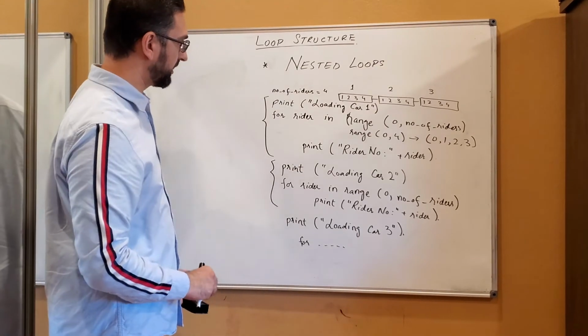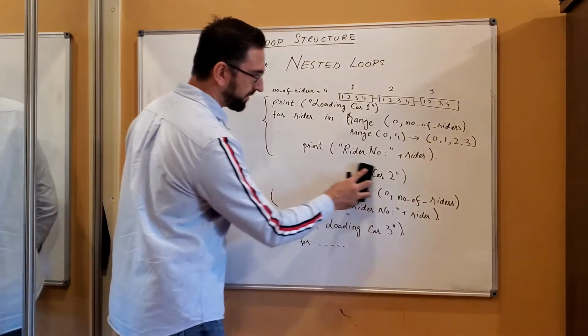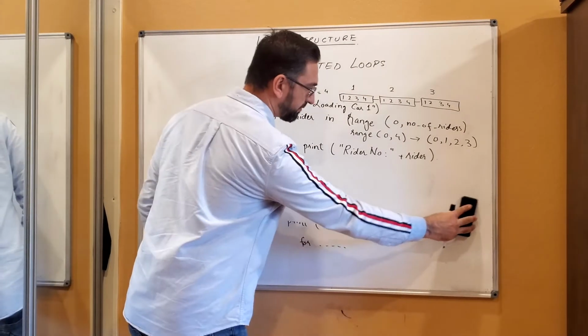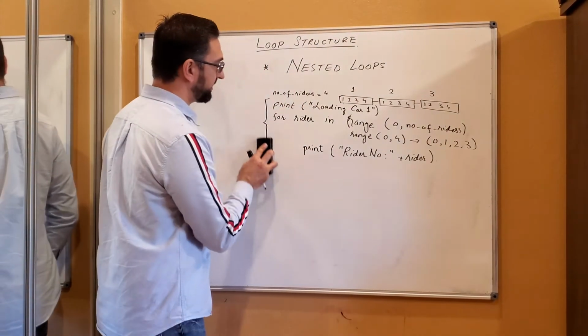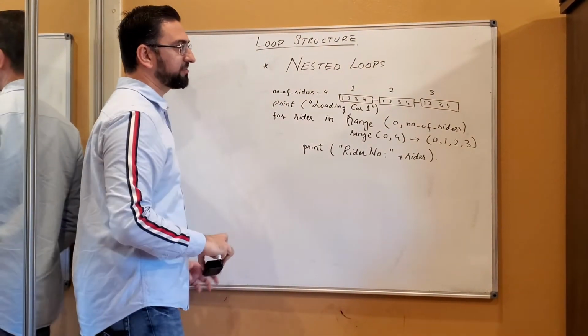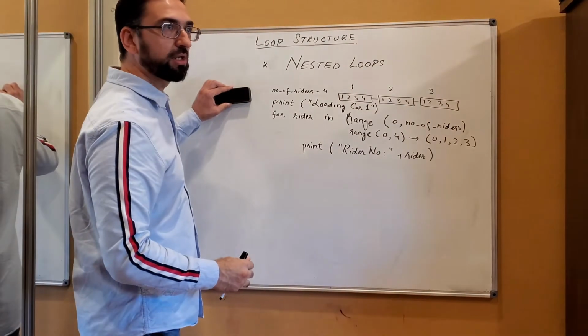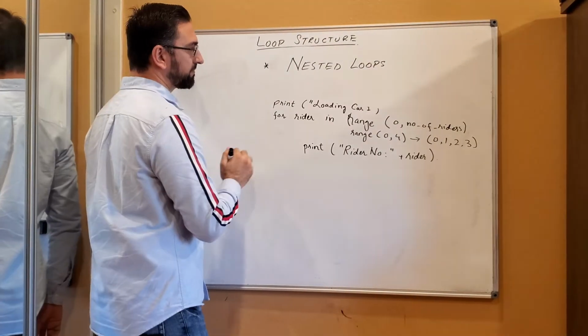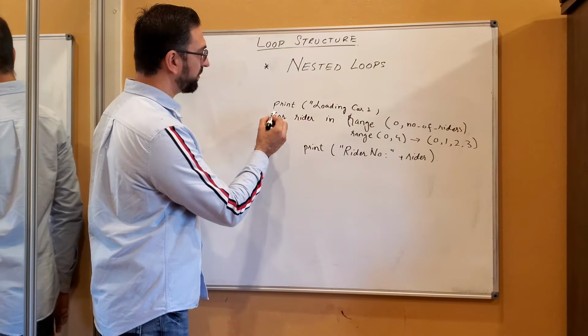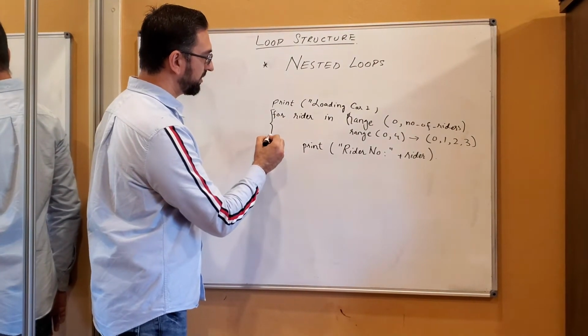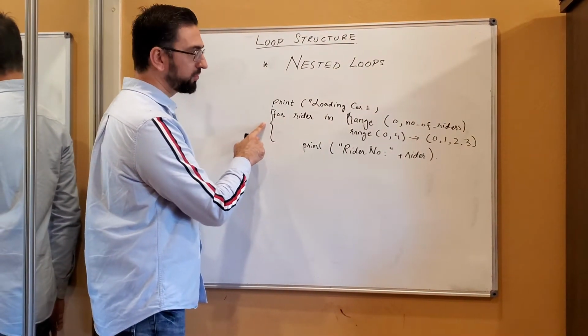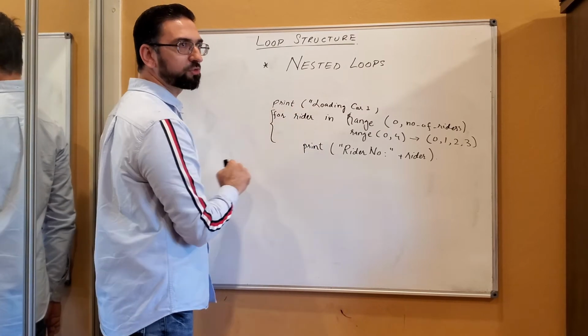So we'll erase this one because this is all repetitive stuff. And since we have repetitive tasks, we can condense them using a loop. If you see, we were iterating for the riders in this for loop, and then we had multiple cars to process.